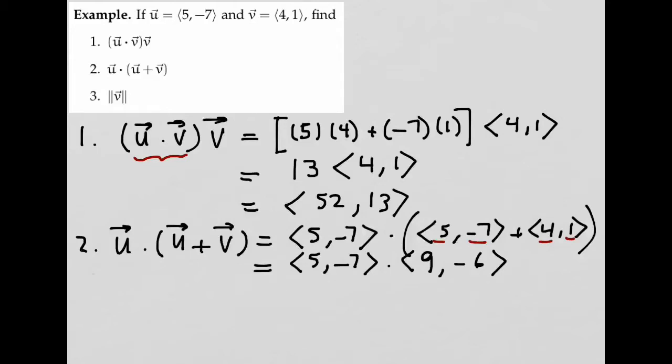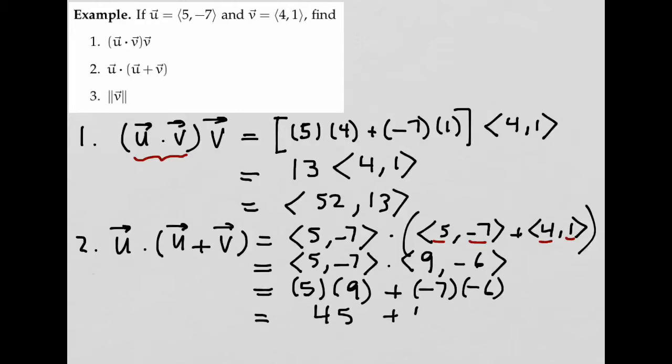Now we dot these two vectors. We have 5 times 9 plus minus 7 times minus 6. That's 45 plus 42, which equals 87.